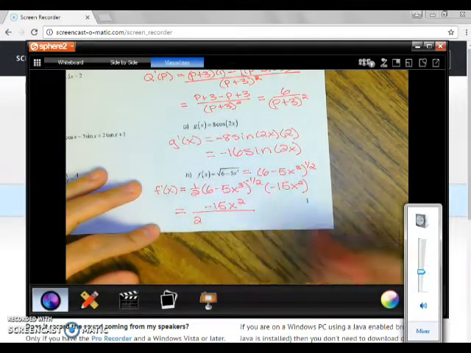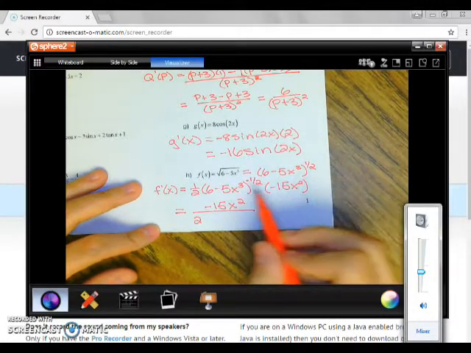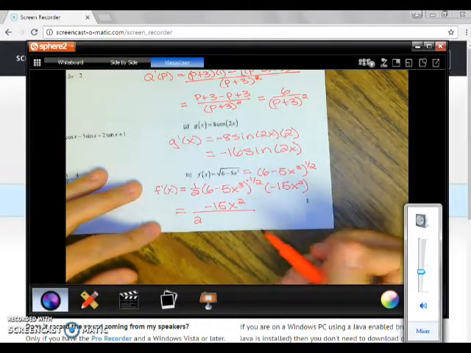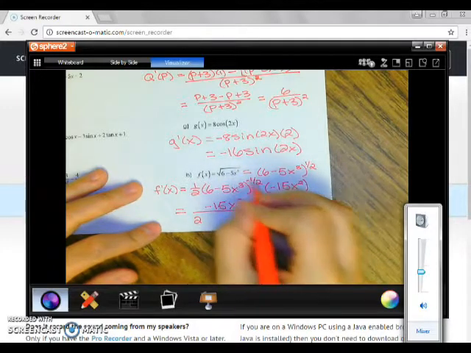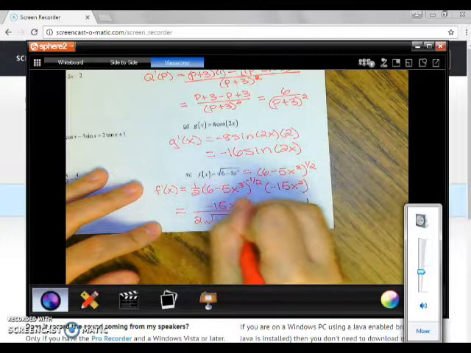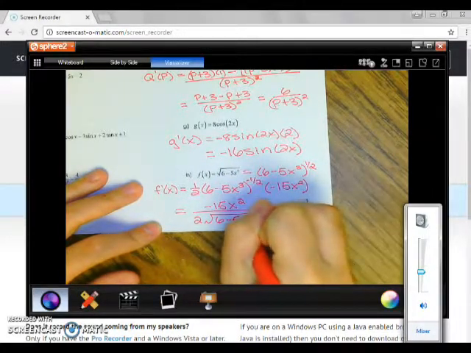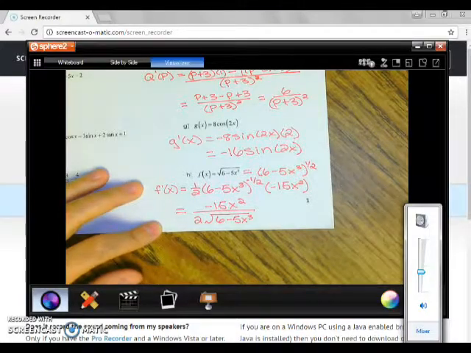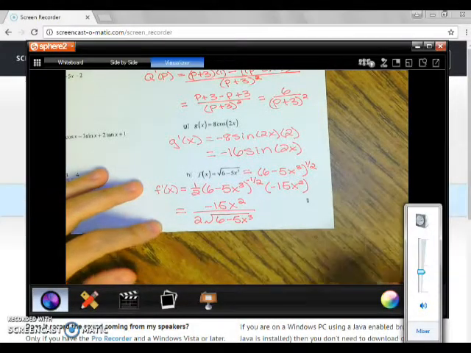It goes to the denominator because of the negative 1/2 power, and I'm taking the square root because it was the power over root. The root part was 2. So it would be that, and then the square root of 6 minus 5x cubed. And that would be your final answer there. Okay.